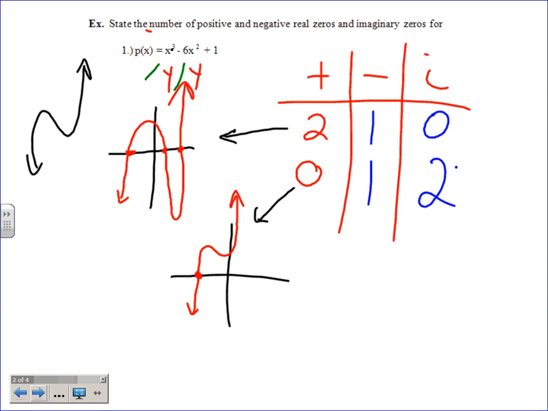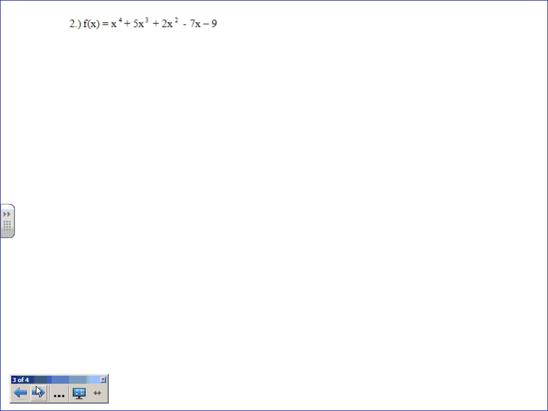Because what have we been replacing? If there's a term missing, we just put 0x in there, right? How come I'm not worrying about it with Descartes? I never even mentioned it, did I? 0 is neither positive or negative. So how could it count as a sign change if it's neither positive nor negative? So you don't have to worry about them. That's a great thing about Descartes' rule of signs.